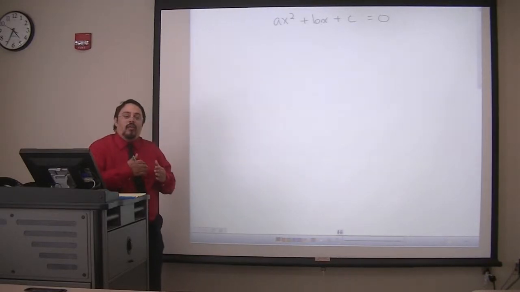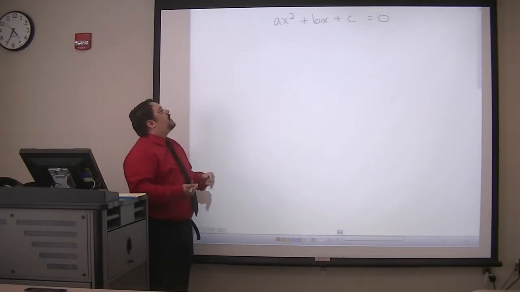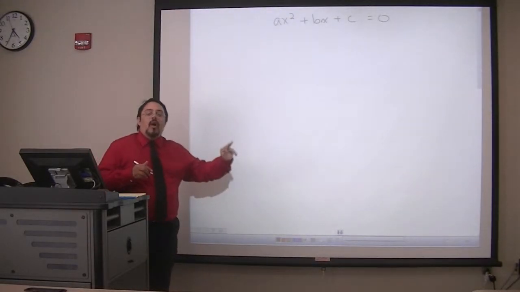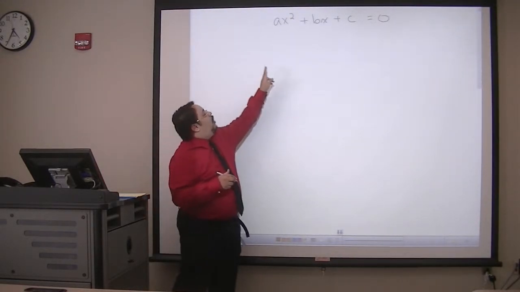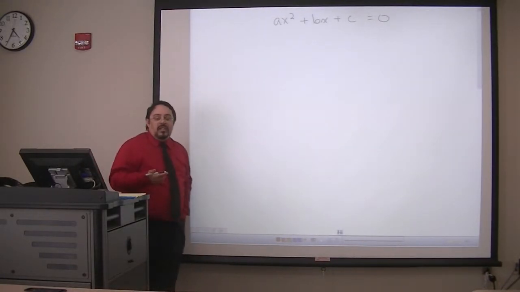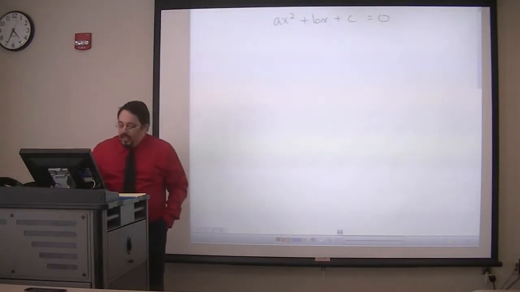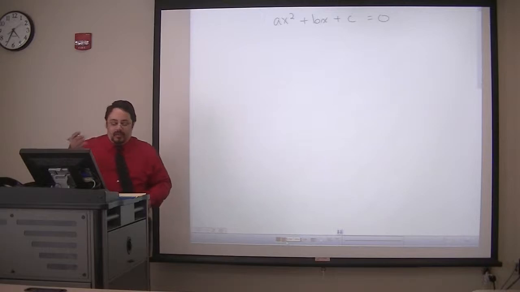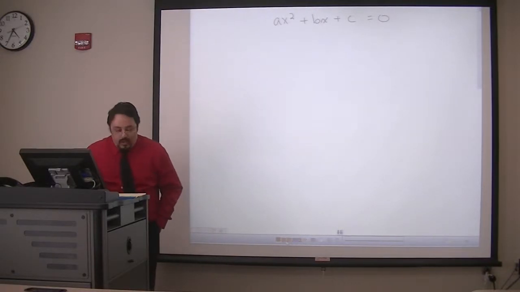So remember that our goal in all of this is to solve for x. And in this case, we don't have numbers for our coefficients a, b, and c, but we do have a way of solving this by using completing the square. So that's the method that we're going to be using to solve this general quadratic equation.